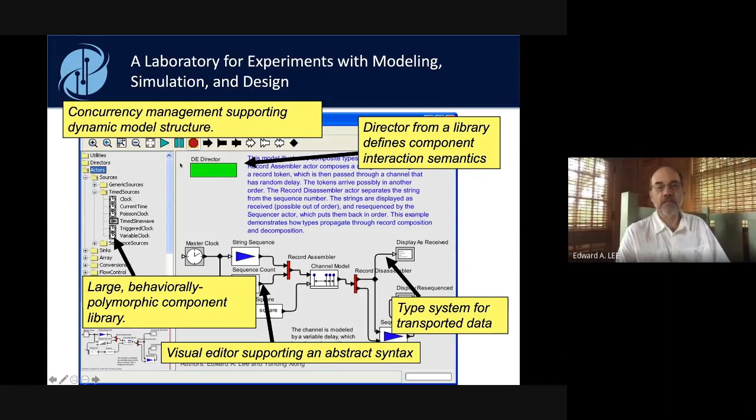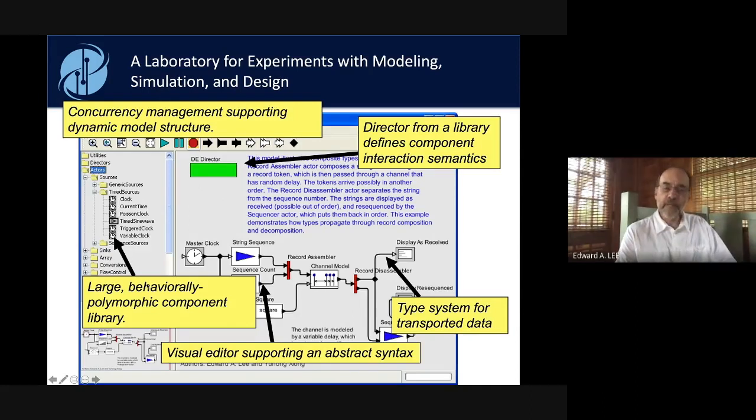This DE director is a discrete event director. The director defines what the interaction semantics are between the components of the system. Each of these little graphical boxes is a component, and for the discrete event director, the interaction between components is through time-stamped events. I'll try to give you a sense of what some of the different directors are that we built, but I'm not going to do a survey of the different models of computation. I'll just give a few examples.